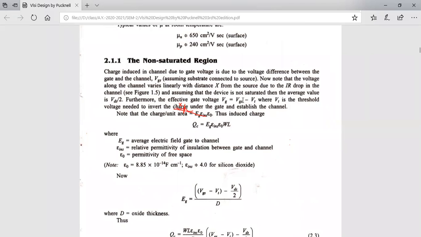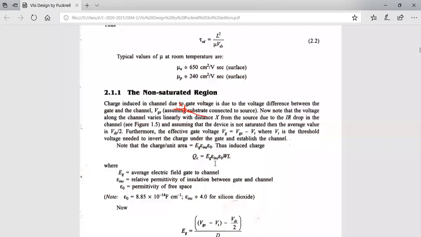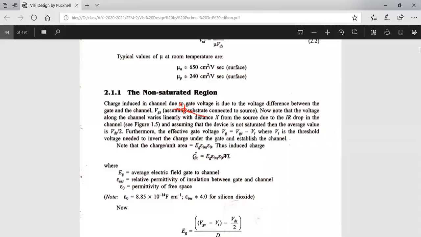So you can also see here the charge per unit area. In the previous discussions, we have seen the value of QC and how it is going to be affected. This QC is nothing but the charge present at any particular point.